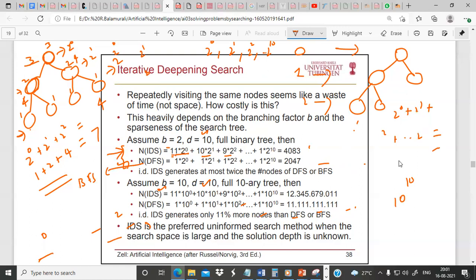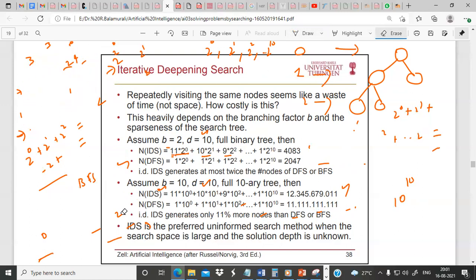So 1 into 10 to the power 10, plus 2 into 10 to the power 9, plus 3 into 10 to the power 8, so on and so forth. When you apply IDS, I mean iterative deepening depth first search, you get this many accesses to the nodes. But when you use DFS or BFS, you get only this many accesses. So that's it about DFS and its several variants.